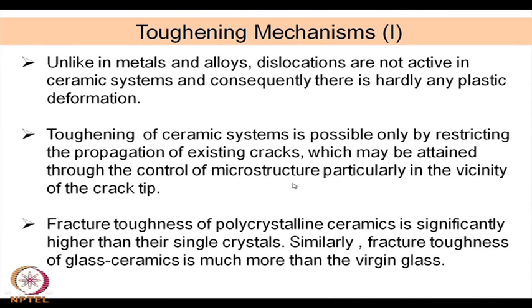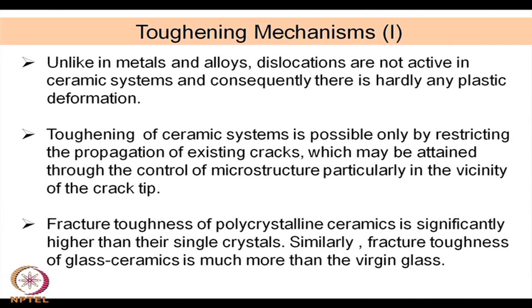Now, we have discussed the properties, what the property means, like what is fracture toughness, how to measure it, and so on. As you have seen in the list just presented, the fracture toughness of most of the ceramic materials is not very high compared to metals and alloys. That is one of the weaknesses of ceramic material, right.